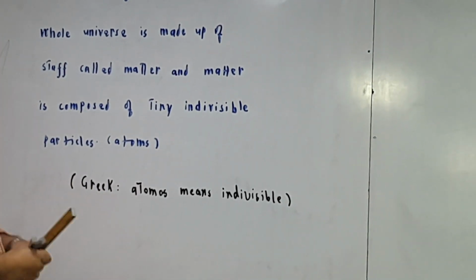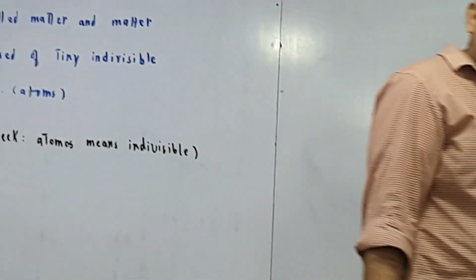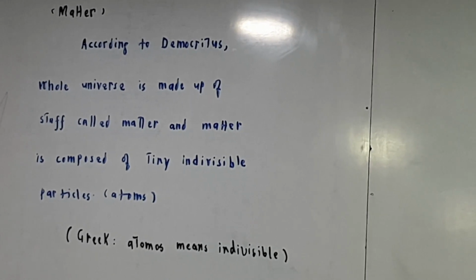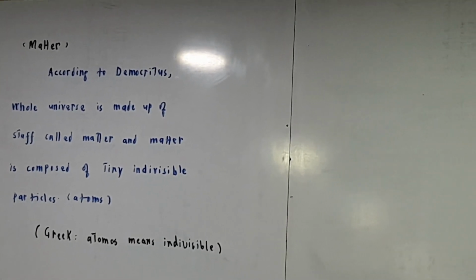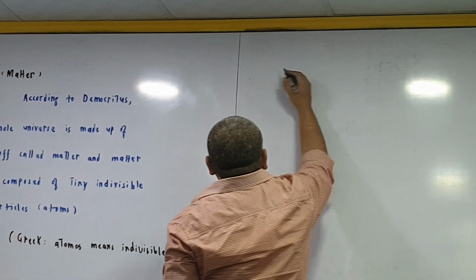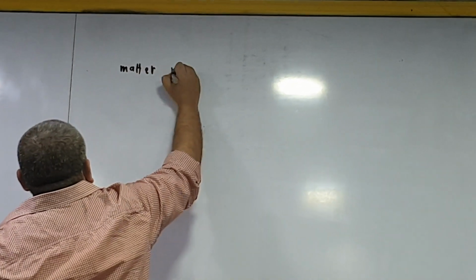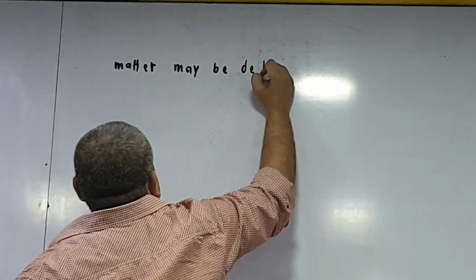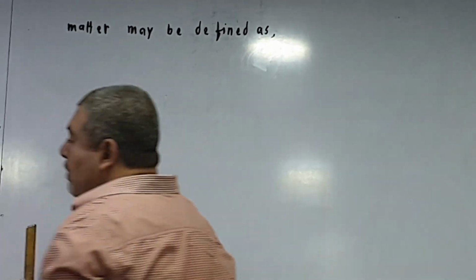The word atom is. So, what is matter? According to Democritus, this whole universe is made up of this stuff called matter, and matter is composed of tiny indivisible particles, and he named them as atoms. Definition, if we discuss from this concept what actually an atom is, what matter is. So matter may be defined as, so how can we define matter now?